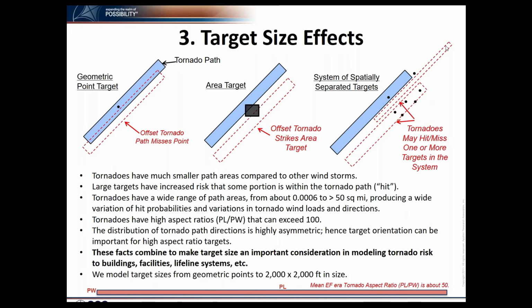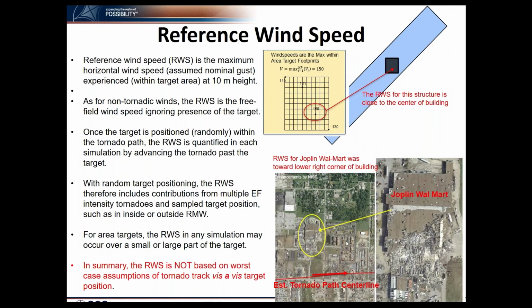And if the tornado paths are very narrow, then you can also miss the spatially distributed system. So in short, target size is important in considering tornado risks for building facilities and lifeline systems. So we model targets from geometric points to a very large target, like 2000 by 2015 size.